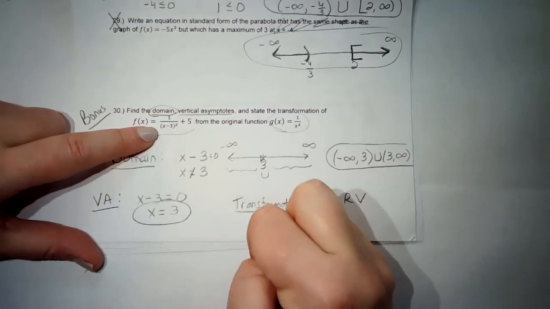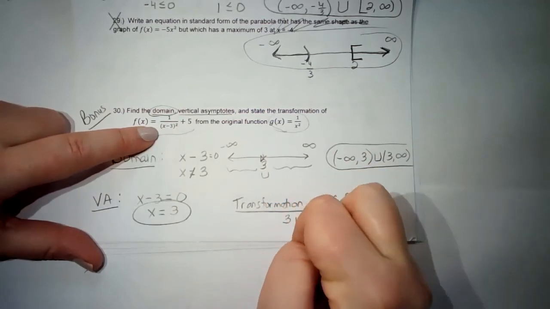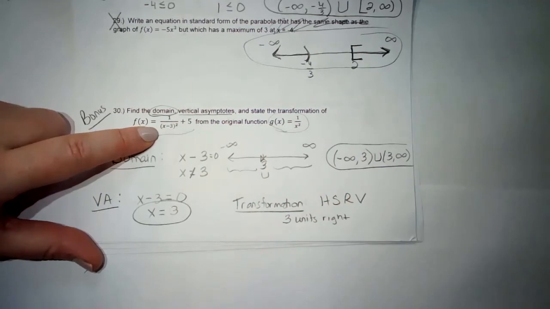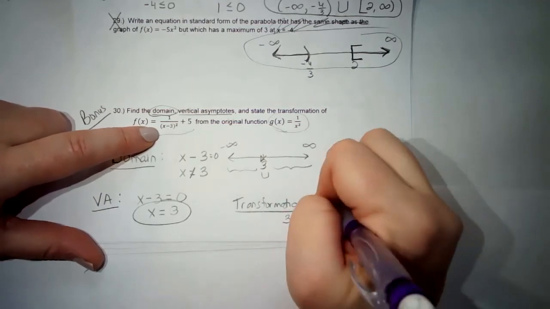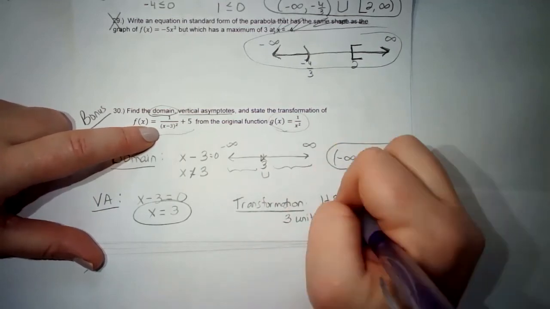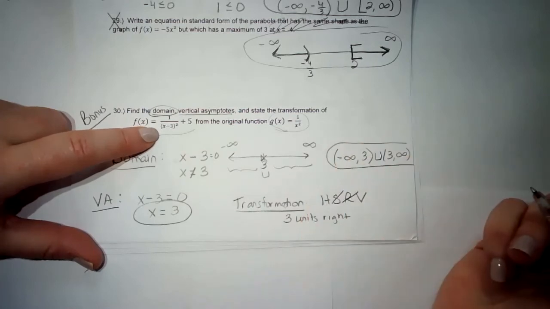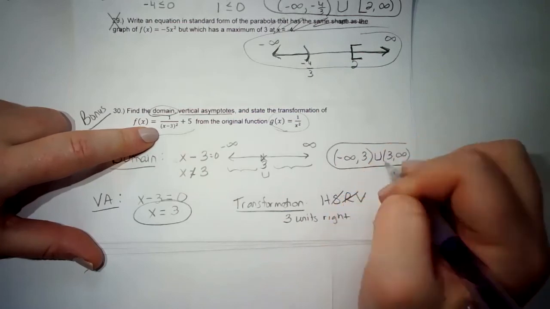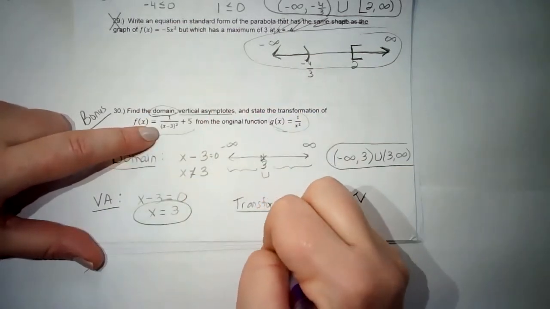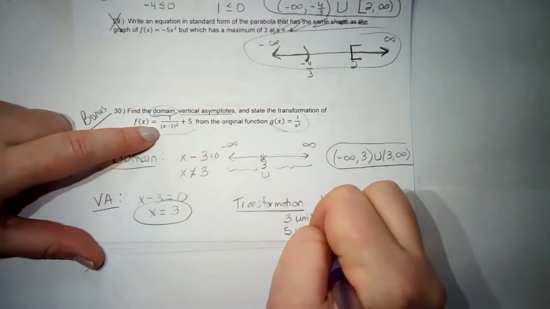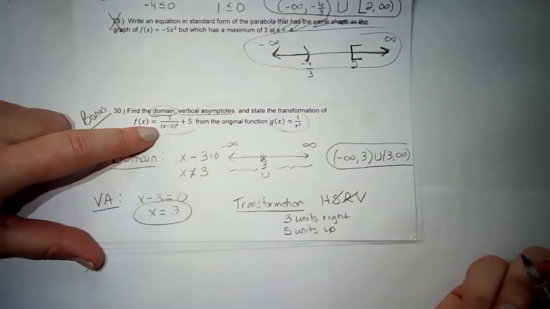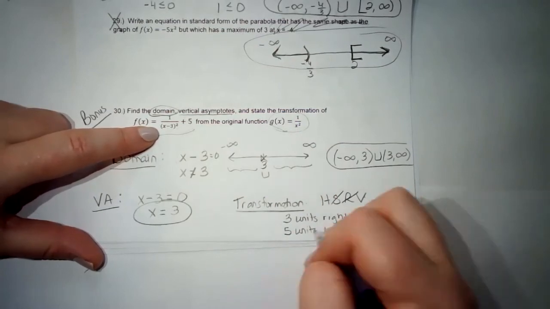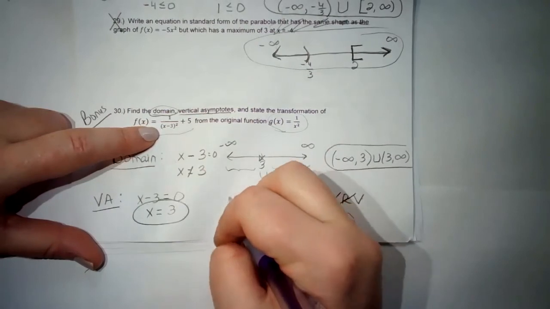So a -3 means it went 3 units right. Okay, you're not going to have a stretch or shrink, and there's no negative, so you're not going to have a reflect. But you are going to have a vertical, and that's going to be that +5. So it's going to go 5 units up. And there we go. That's going to be your transformation.